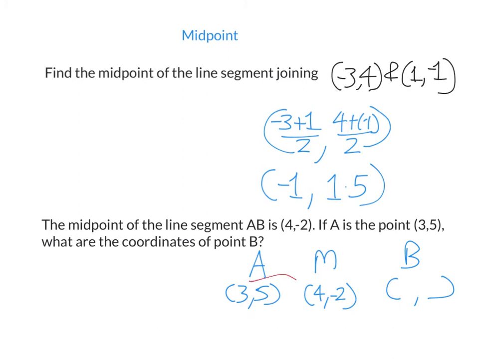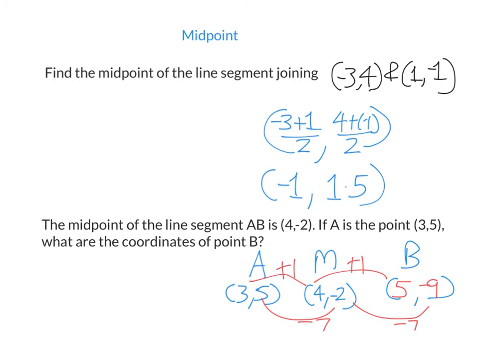So I've added 1 here, so I'm going to have to add 1 again, and the x value will be 5 because 4 is halfway between 3 and 5. So similarly, to go from 5 to minus 2, I actually subtract 7. So I need to subtract 7 again. I get minus 9 because minus 2 is halfway between 5 and minus 9. So this is the coordinates of B.